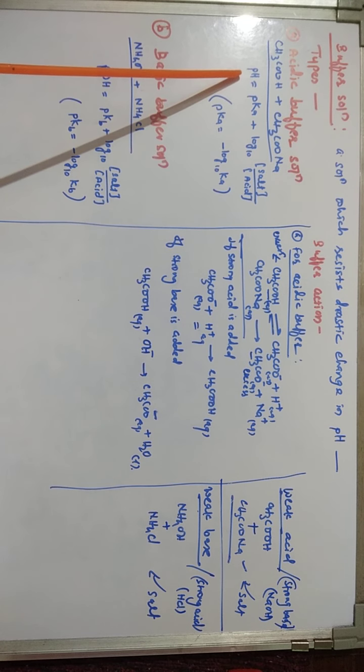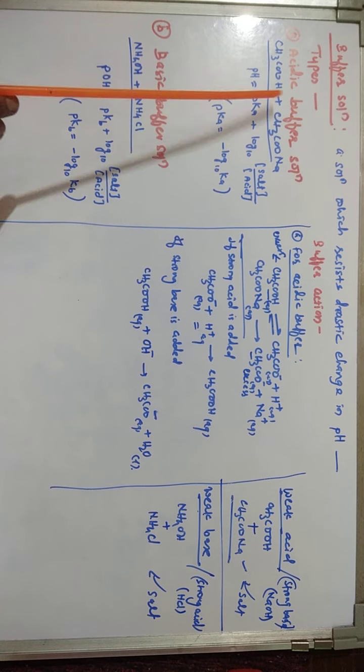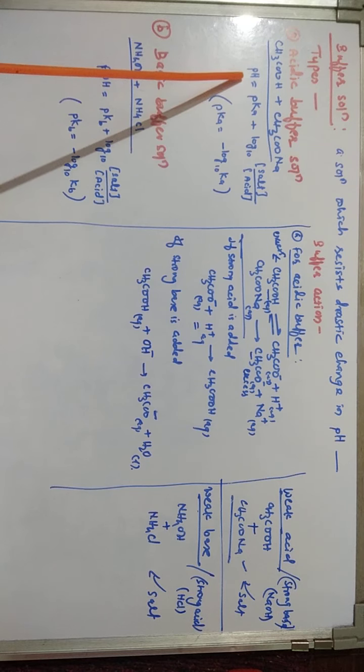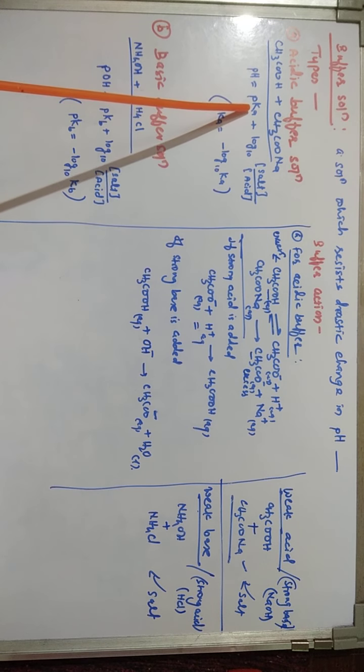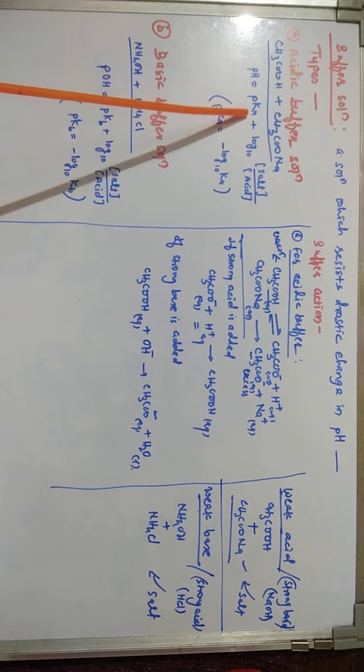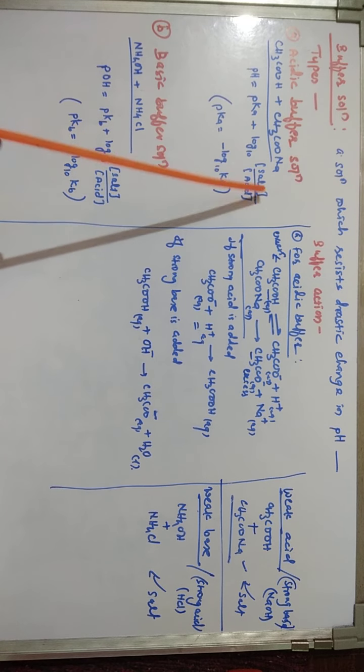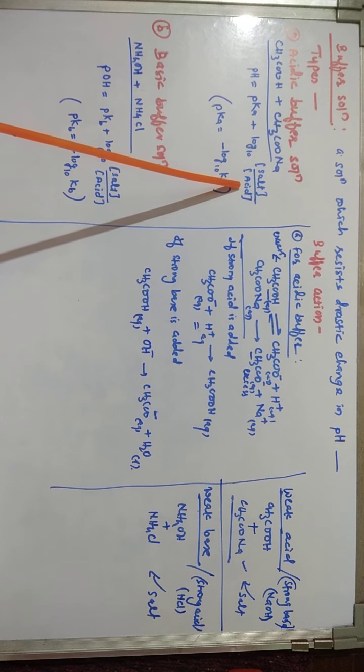Here Ka is the acid dissociation constant. So pH of an acidic buffer is expressed as pH = pKa + log10 ([salt]/[acid]).